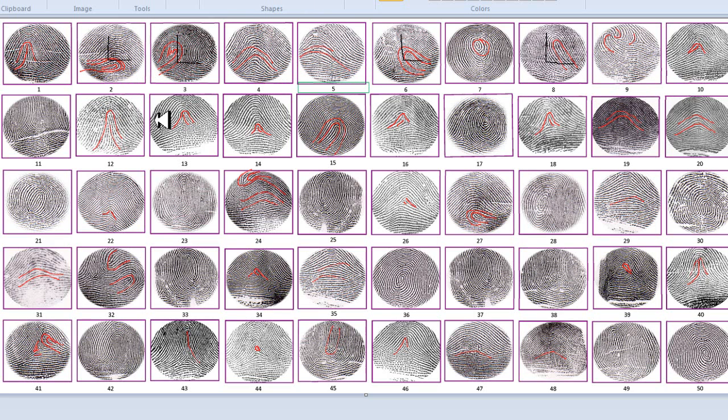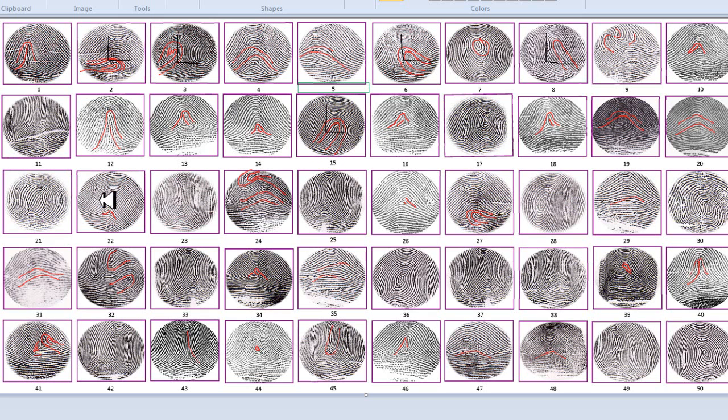11, 12, and 13, they are not loops. Number 14 is not a loop. Number 15 is a loop. Number 16, 17, 18, 19, and 20, neither of them are loops, and you should recognize what those are.